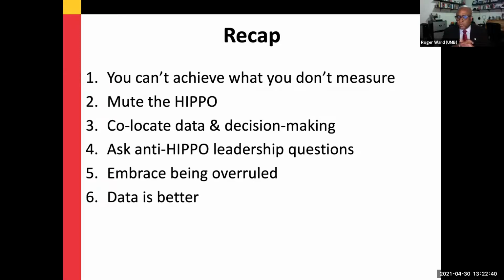And we co-locate data with decision making, ask those difficult questions, embrace the idea that you could be wrong, that you could be overruled, and data in general is better for us.